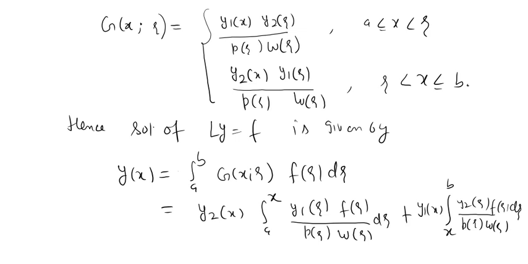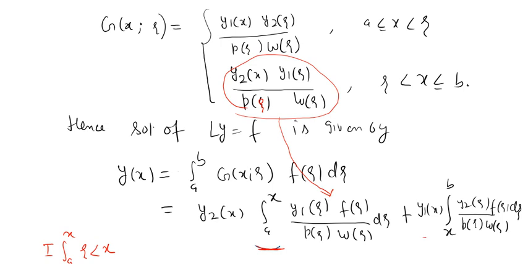Here is one important observation. This is the final formula for the solution, and you can check the first integral. The first integral is from a to x, and here xi is less than x, so we have substituted this value. This goes into the first integral.